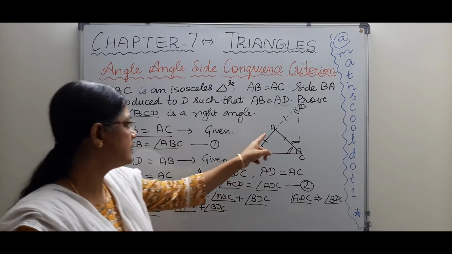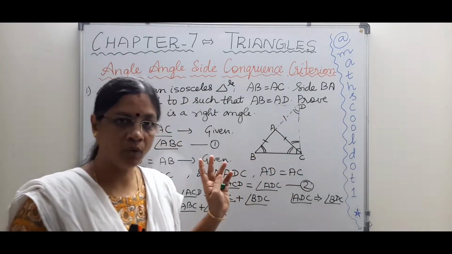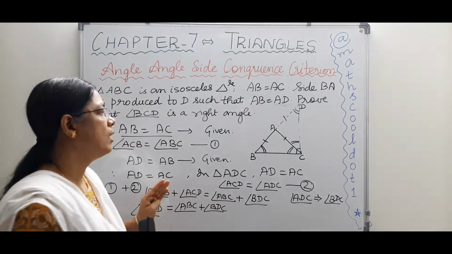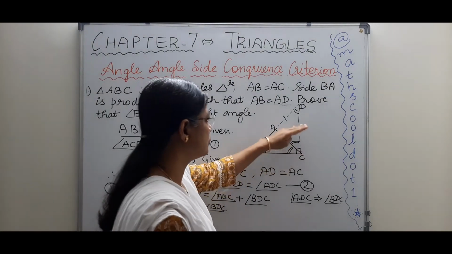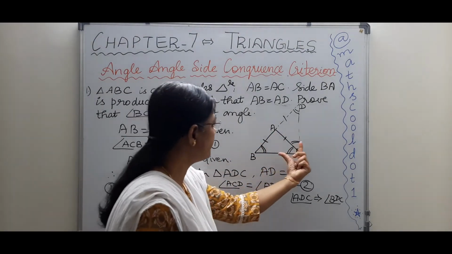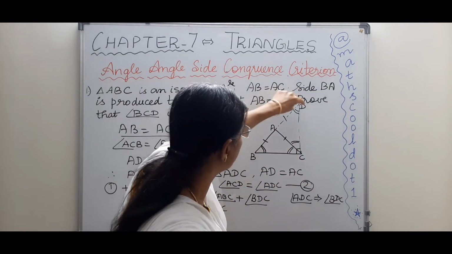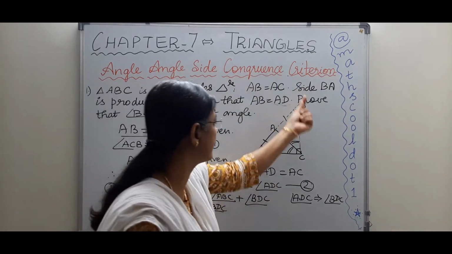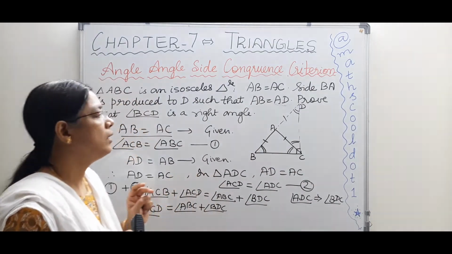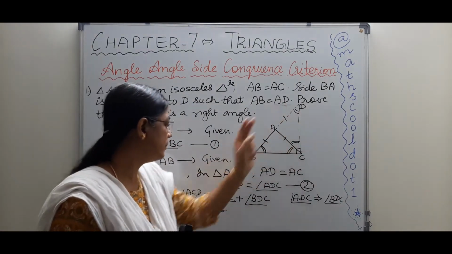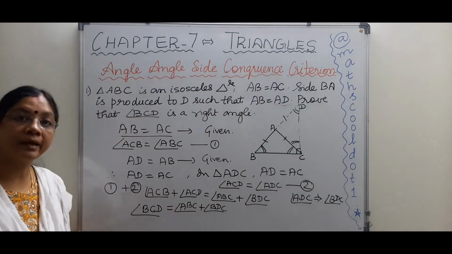According to this, what does it mean? This angle is equal to the sum of two angles of the triangle BDC. Now how to prove that angle BCD is 90 degrees?